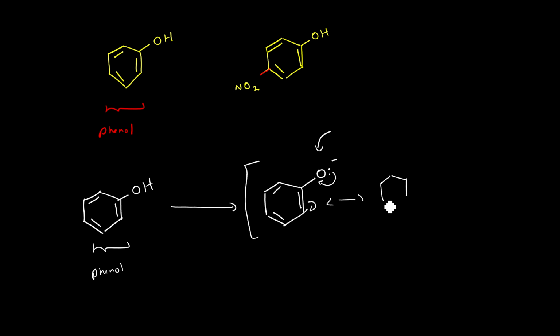Now you have a molecule like this, with a positive charge and a negative charge here. And now you can move it into this. Because of that, this will move here, so you will have the product like this. And likewise, we can have a product like this.